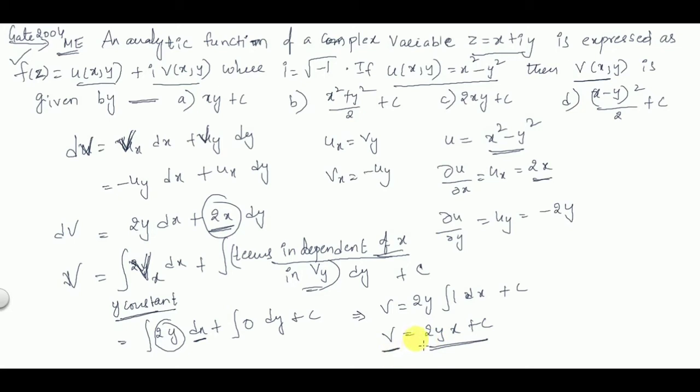That is the imaginary part of f of z. So the correct option is option C. This is how we can find any value. If you are given the imaginary part, you can find the real part. If you are given the real part, you can find the imaginary part.